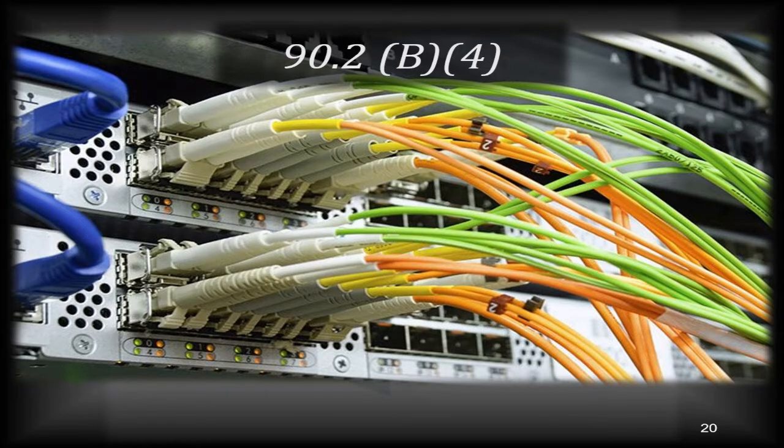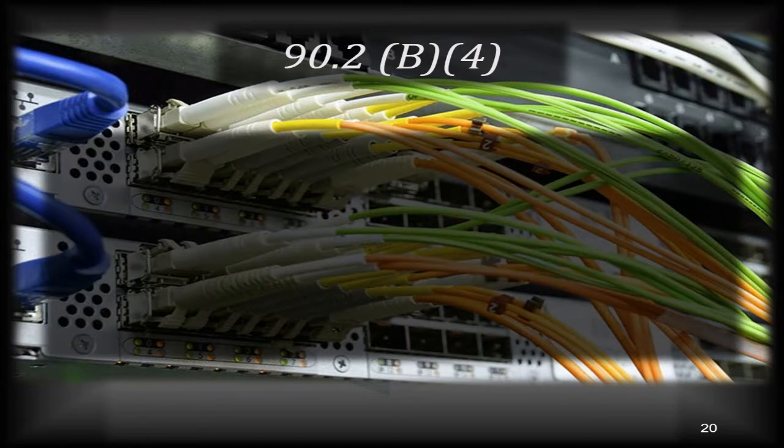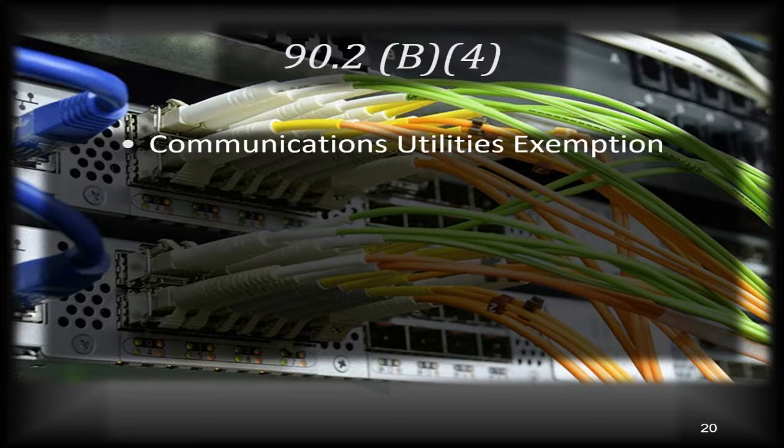90.2(B)(4). Communication utility exemptions. Now, the communication utility exemptions are kind of tricky. If you have communication utility equipment in a space in a building that's used exclusively for it, it won't be required to follow the NEC requirements.